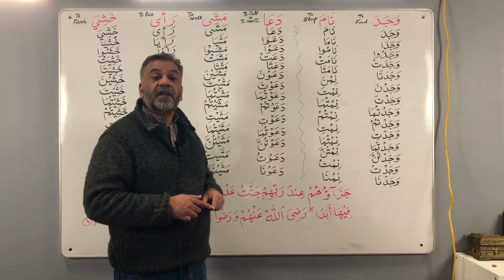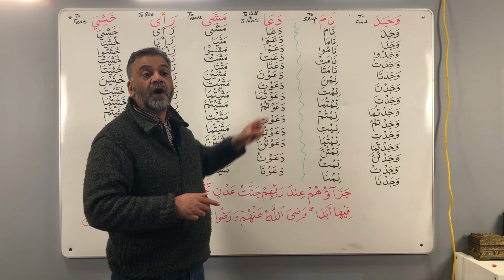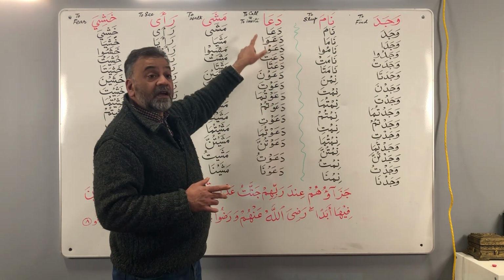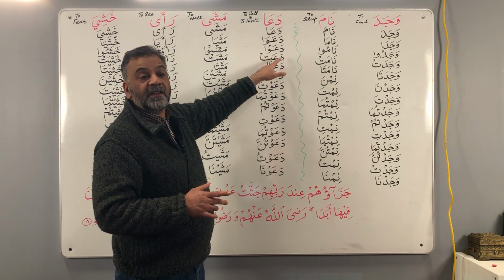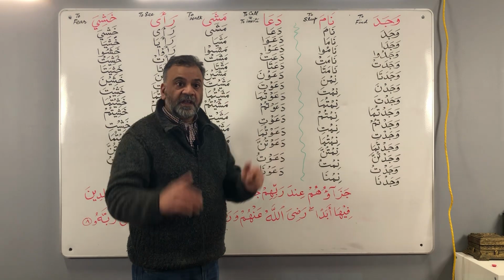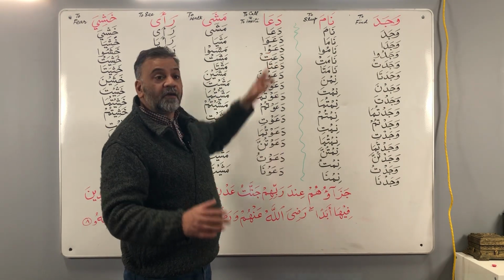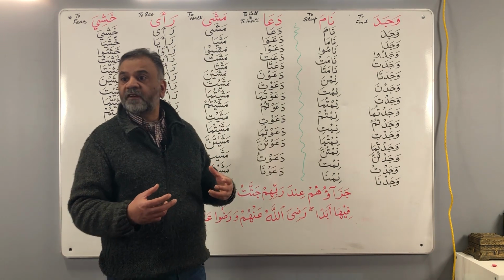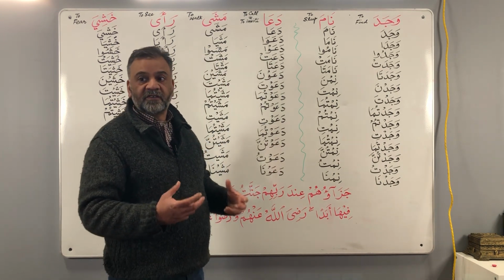Now, where is the fa in da'u? Waw is the fa. In da'awa, alif is the fa, and in da'u, waw is the fa, right. So, remember the difference. This waw is not part of the original. This waw is the fa. It's important to remember that.